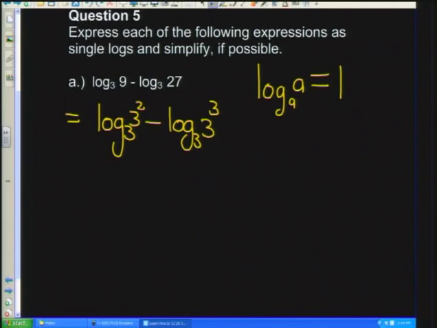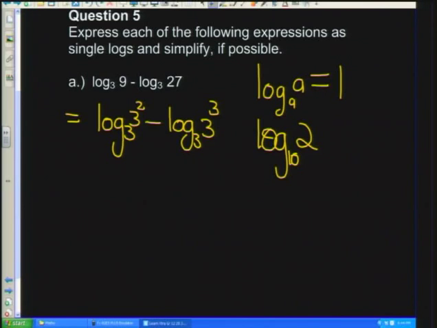And maybe I should just mention, guys, at this point, if you have a log with no base, if a base is not written there, then the base is 10. All right, so just remember that. I didn't mention that before. Okay, so all I've done really now is write the 9 as 3 squared and the 27 as 3 cubed.